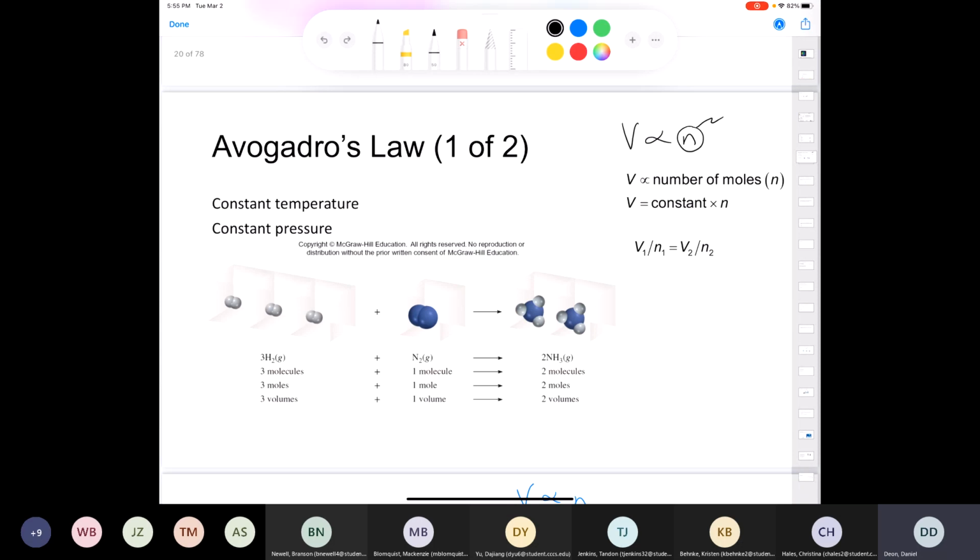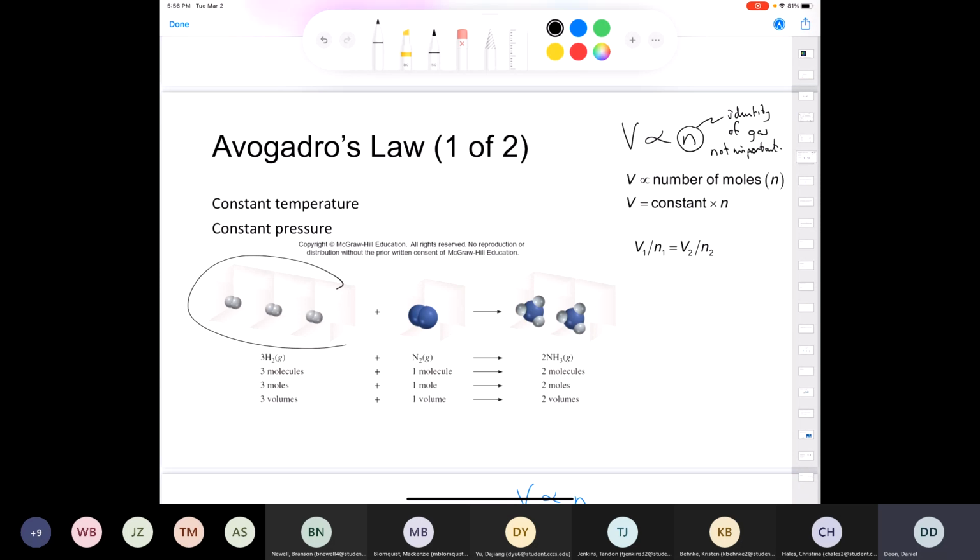So we'll put here: identity of gas not important. That means any gas that we've got, hydrogen gas, nitrogen gas, ammonia gas, carbon monoxide, carbon dioxide, sulfur trioxide, helium, neon, I don't care what it is. No matter what the gas is, this relationship holds true.